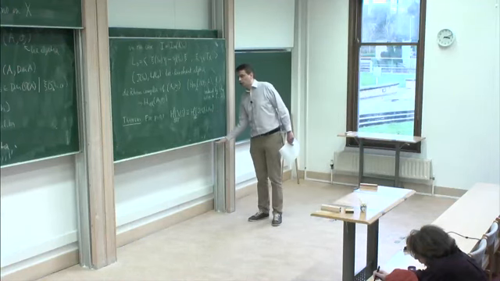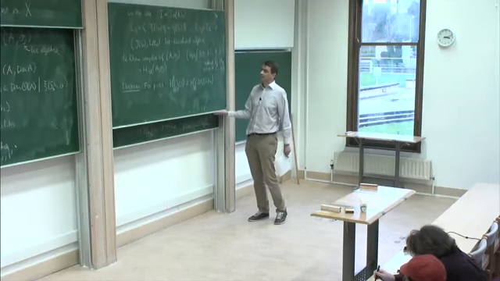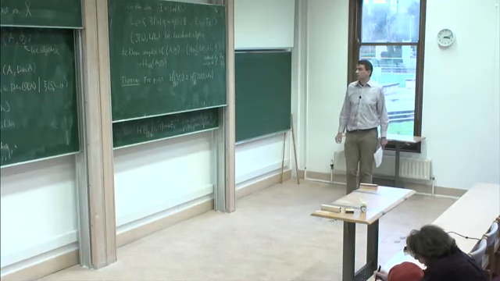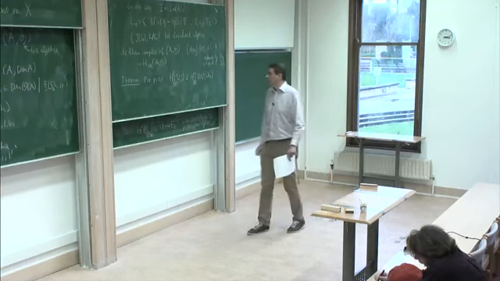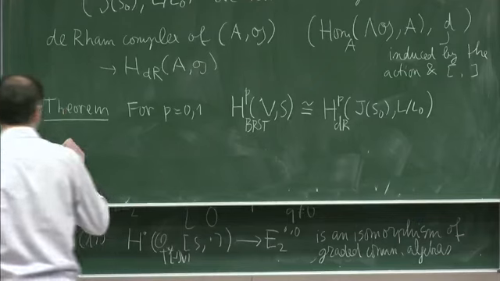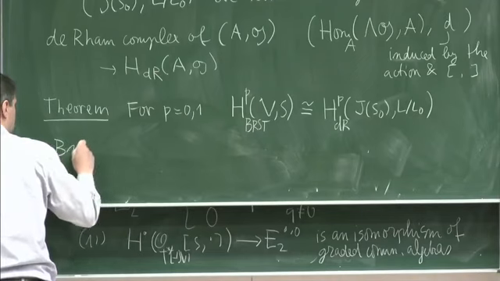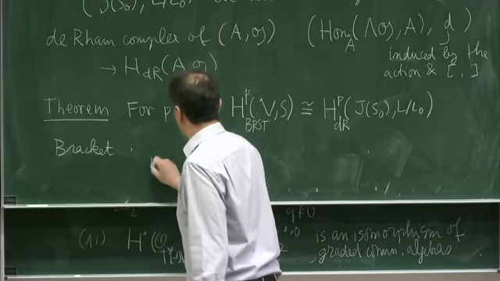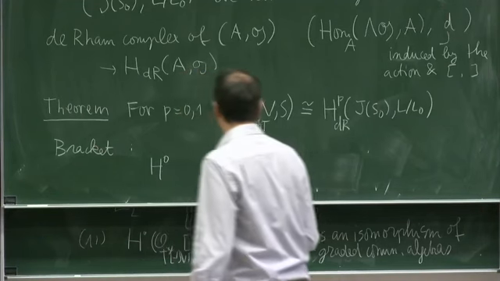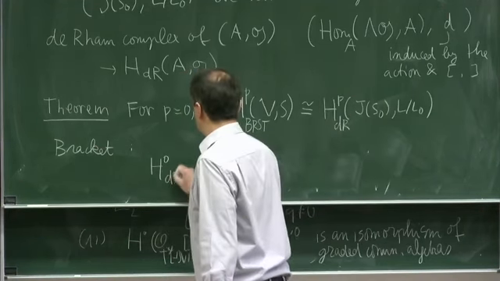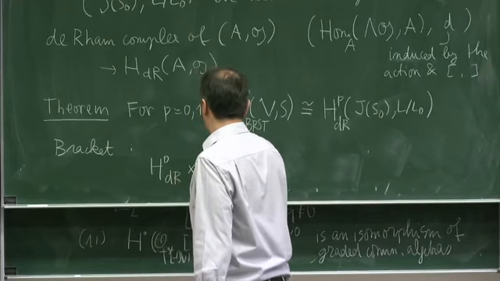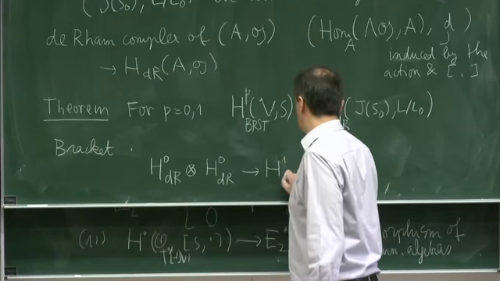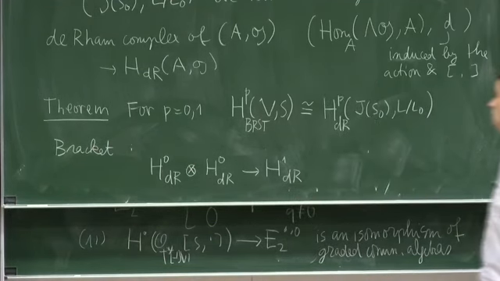But anyway, we cannot compute it for P equal to 2. But this does not give any information about the bracket. So the claim is that we can still describe the bracket in this case. The only bracket we can compute in this case, remember that the bracket has degree 1, so we have some map of this kind.